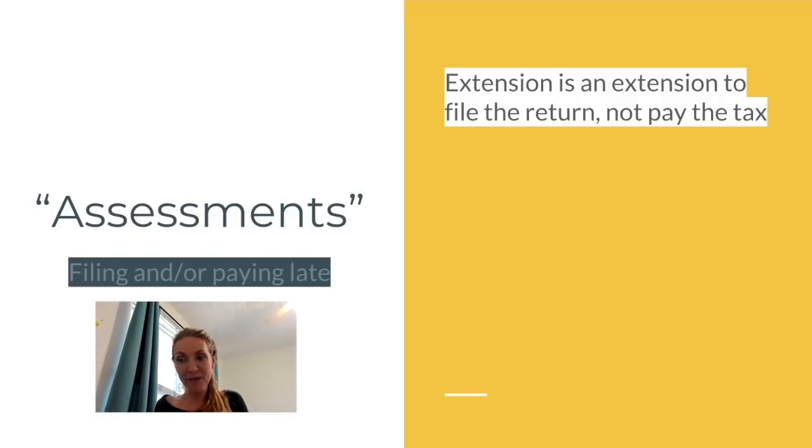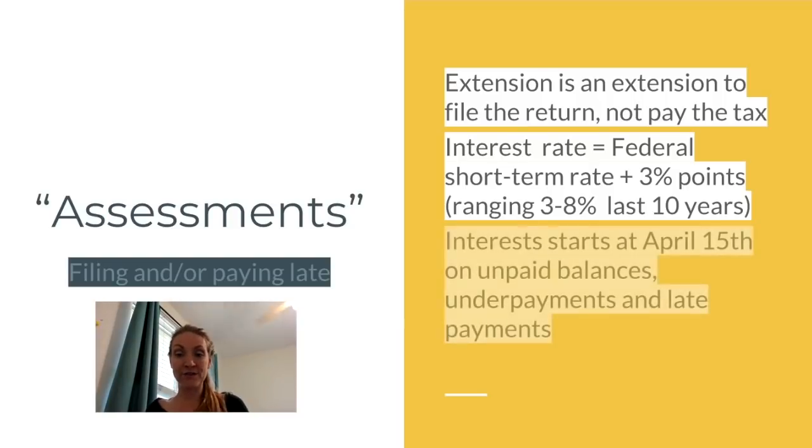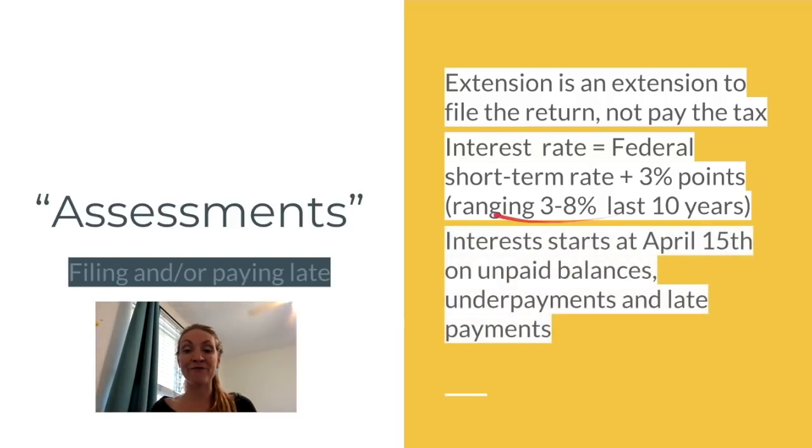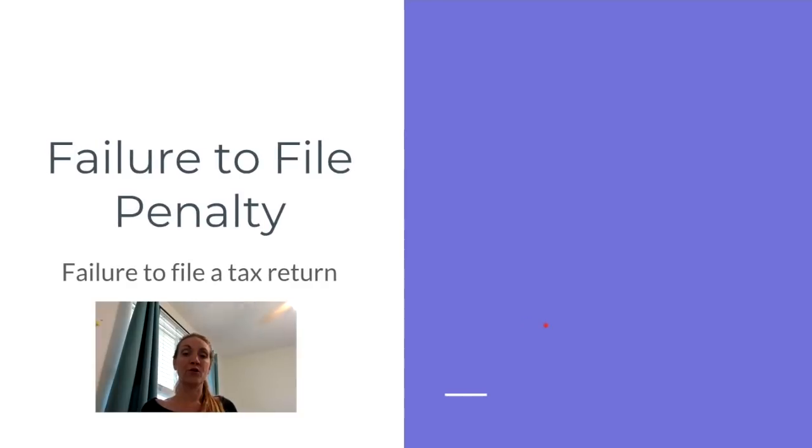So if you think you might owe tax, you should pay more in with your extension and then get a refund when you file later. And again, it uses that same interest rate. It's been averaging about 3 to 8% on the last 10 years. Basically, they're charging interest starting April 15th on any unpaid balance. So if you have an amount due, or you're late paying the amount or whatever.